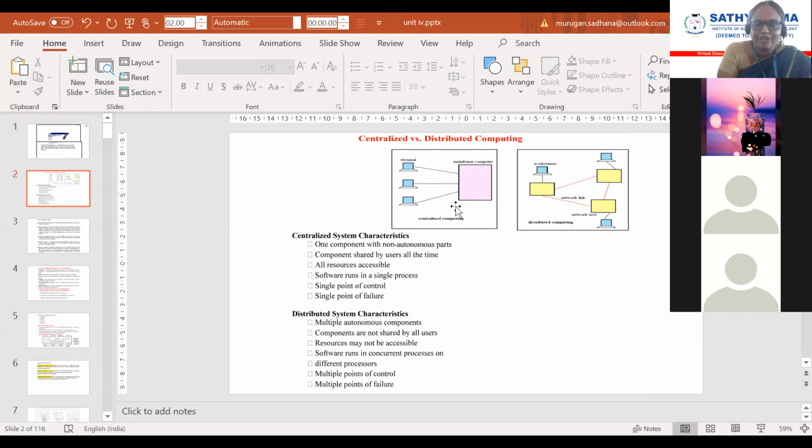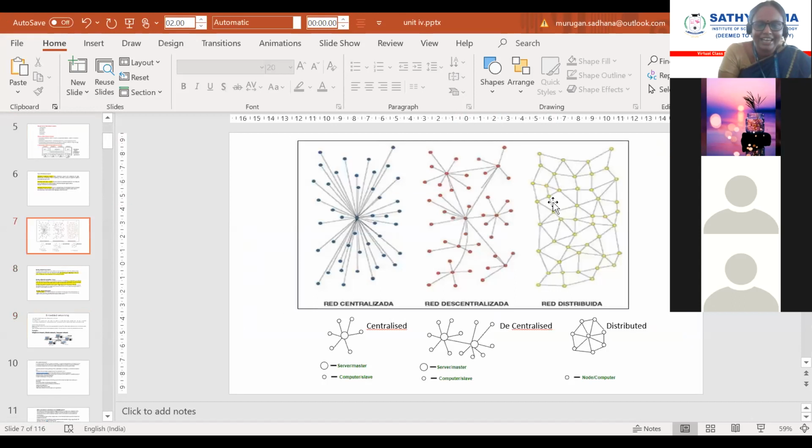You have seen the difference between centralized and distributed, and the types: centralized, decentralized, distributed. In centralized, only one server or one host will be there, and the rest are slaves. In decentralized, multiple hosts will be there. In distributed, each and every system will connect with one another. We are all working under the distributed system.